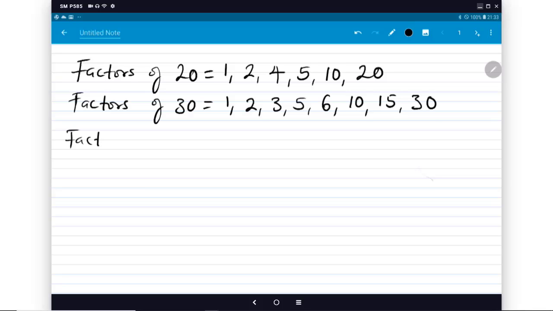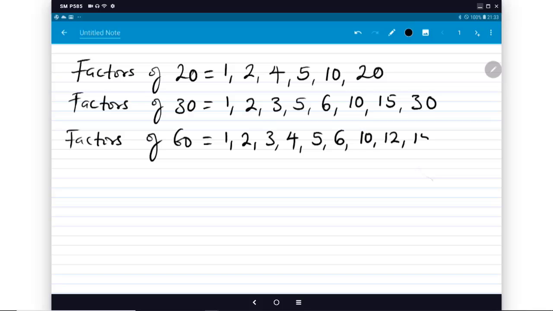Let's take one more number. Factors of 60. We have 1, 2, 3, 4, 5, 6, 10, 12, 15. We have 20. We have 30, and then 60.